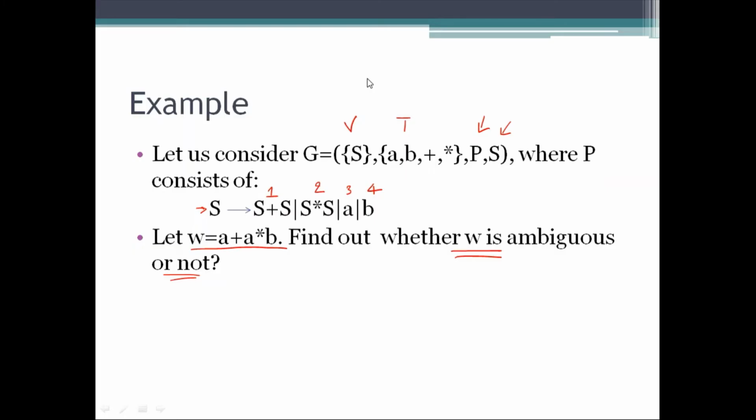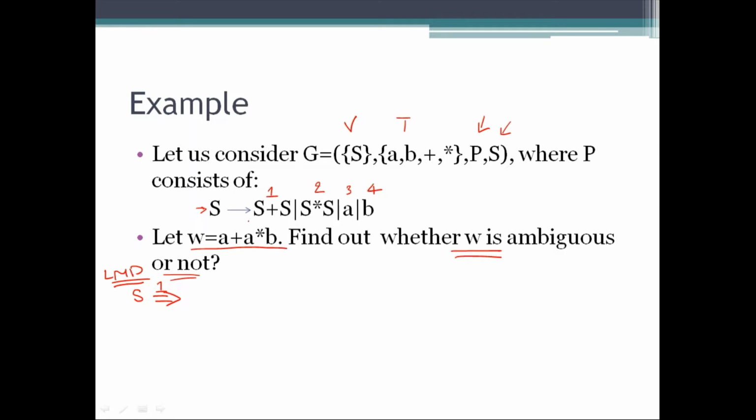Okay, fine. Let us see. We are provided with these production rules. Let us start with the starting symbol. Suppose we use the first production rule, and we are talking about leftmost derivation. At each step we replace the leftmost non-terminal in the sentential form.